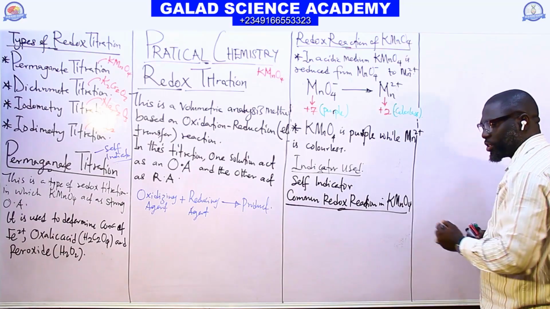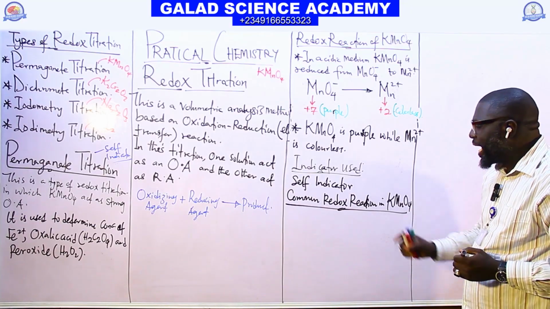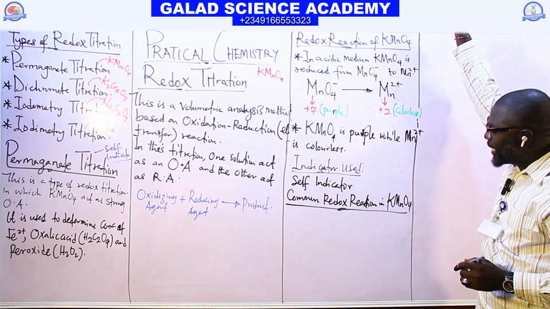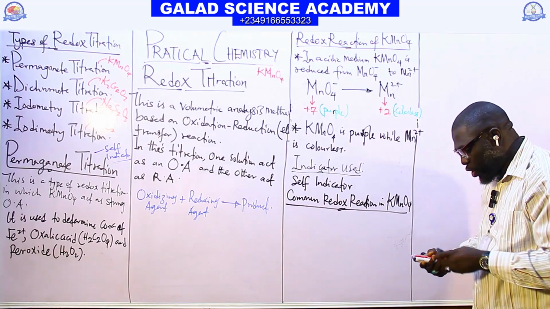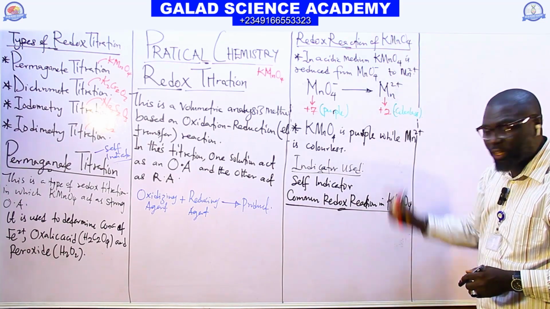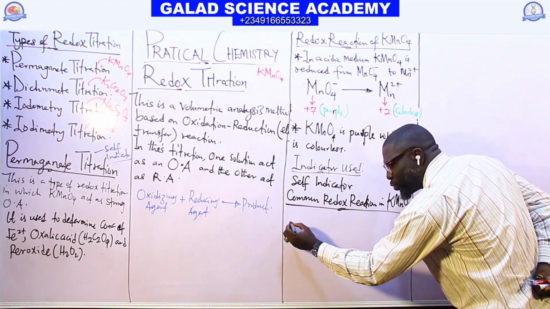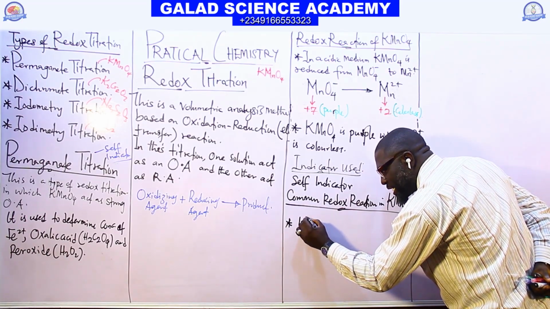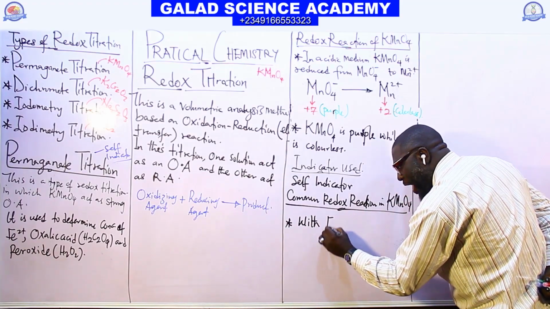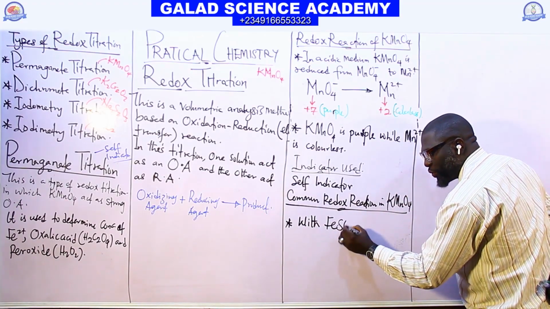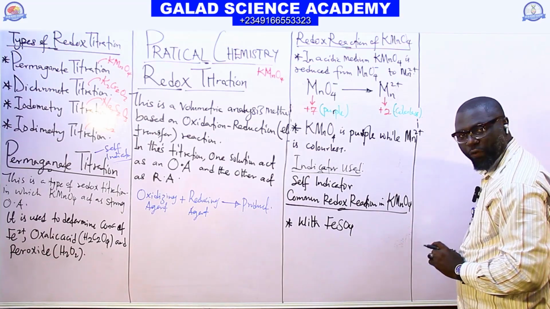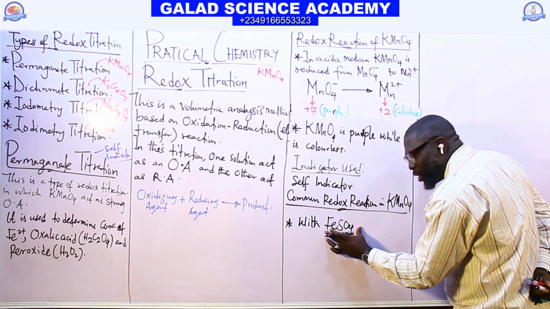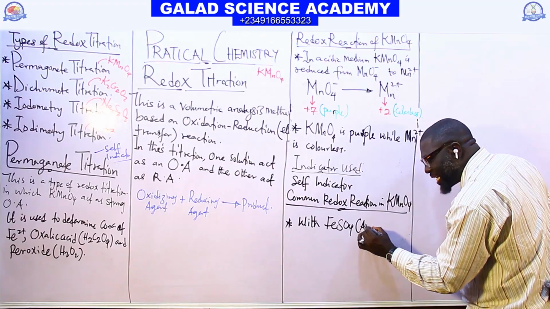This is a very basic one. The first one, we can titrate KMnO4 with iron sulfate, FeSO4. So this iron sulfate serves as the analyte.